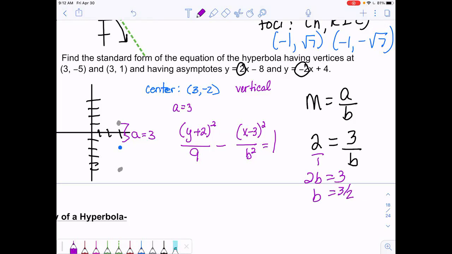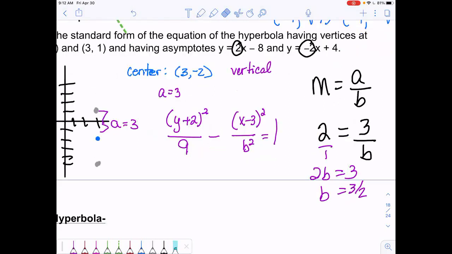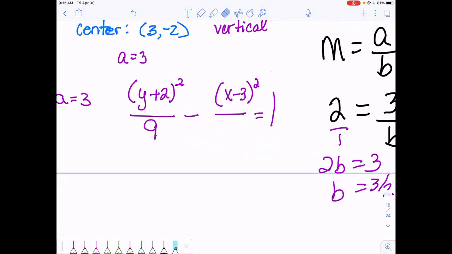So you're using the slope from the asymptote, the fact that it's rise over run, and this rise is 3, because that's the distance from the center to the vertex. So 3 over B gives me 2. B is 3/2, and squared, that is 9/4.